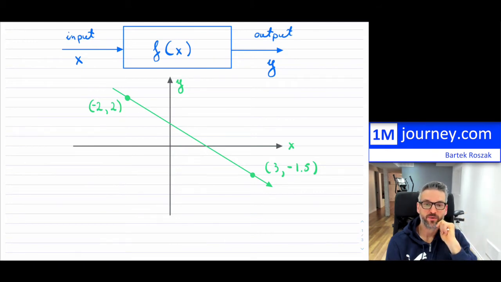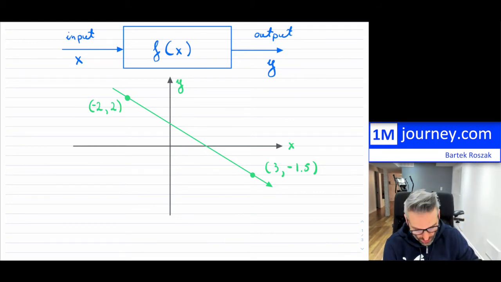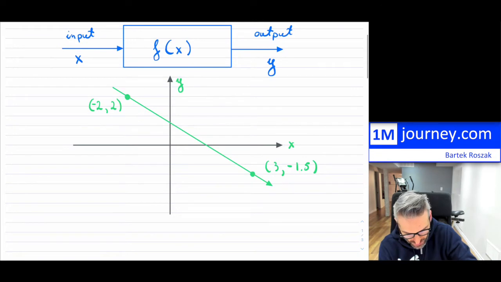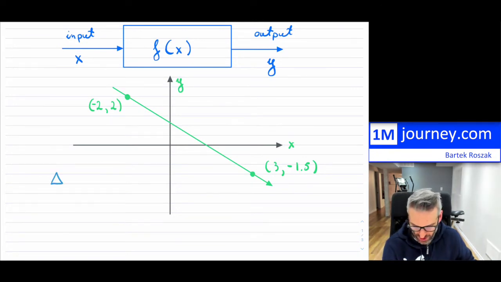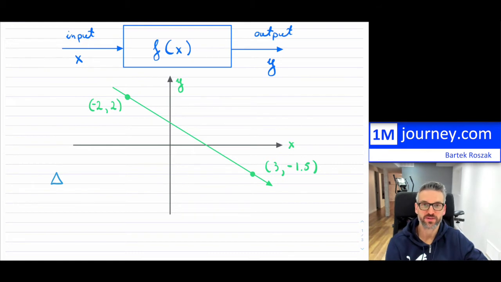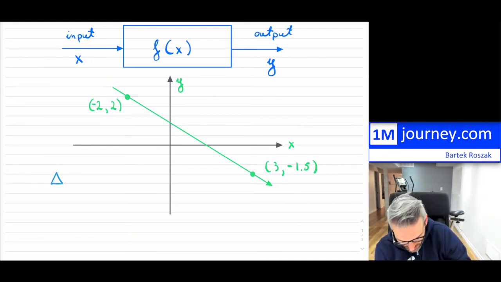Now, what was the slope? Well, the slope, if you recall, was basically just the change, and we used to designate the change with this little triangle, a delta, as we sometimes call it. It was the change of your output y with respect to the change of your input.